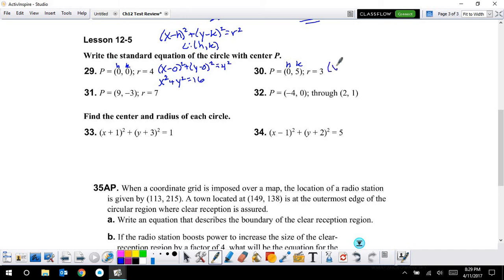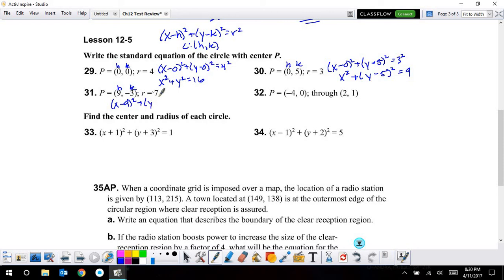For 30, works the same way, h and k. So I've got x minus 0 squared plus y minus 5 squared is going to be 3 squared. So x minus 0 again is x squared plus y minus 5 squared. Can't do anything with that. 3 squared we know is 9. For 27, so h and k, so I've got x minus 9 squared plus y.